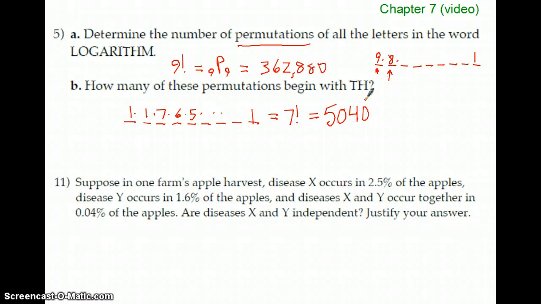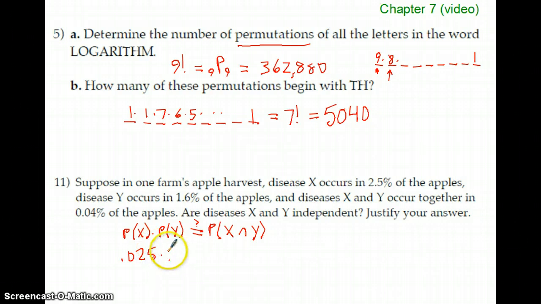Suppose in one farm's apple harvest, disease X occurs in 2.5% of the apples, disease Y occurs in 1.6% of the apples. Are they independent? Independent means you could actually multiply them together. If the probability of disease X times the probability of disease Y actually equals the probability that it's in both, then yes, it'll be independent. Probability that it's in X is 2.5%.